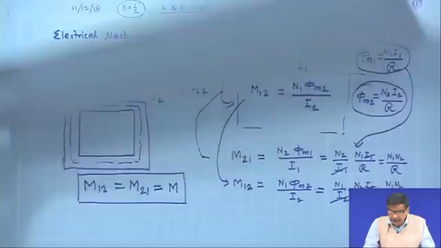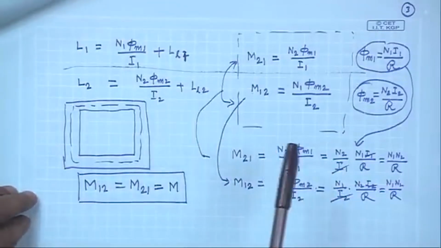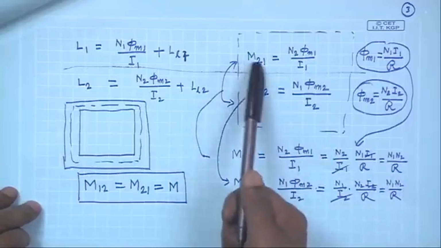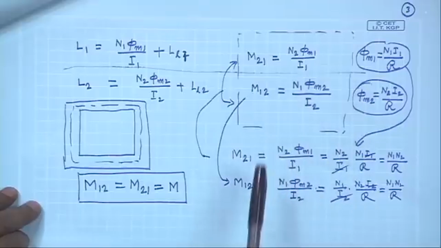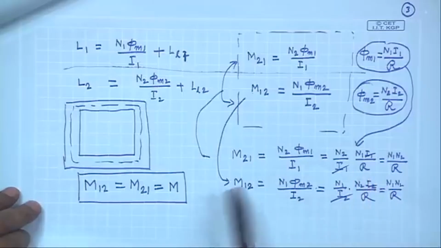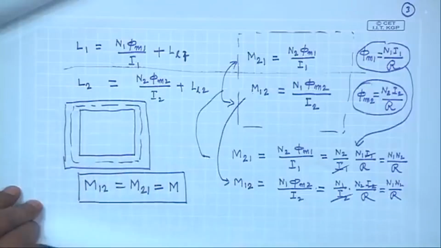In the same way we did for L2, and then I defined mutual inductance. Whether you calculate it from coil 1 or from coil 2, it remains the same: M12 is equal to M21, because the reluctance of the common magnetic circuit is the same.